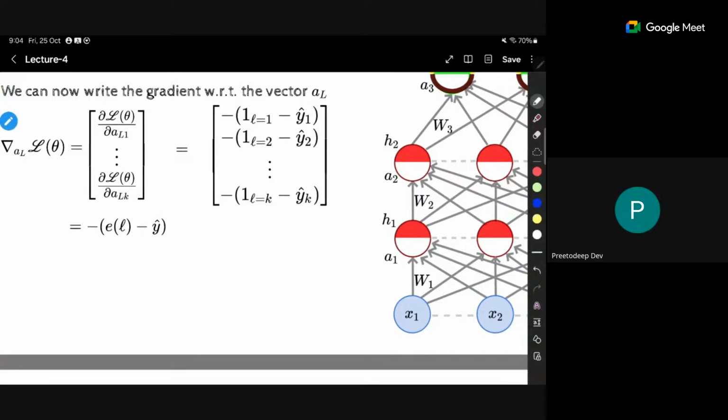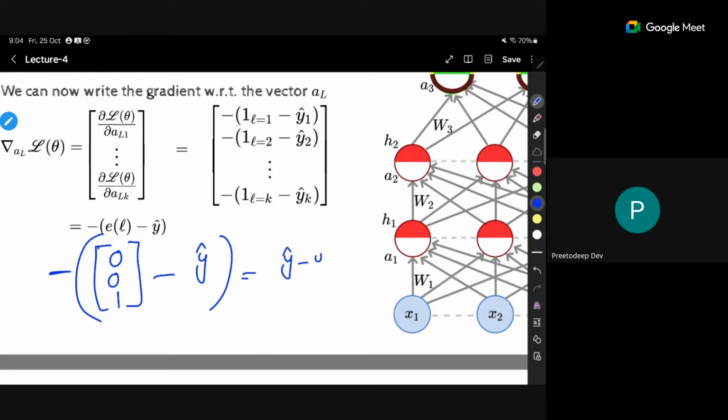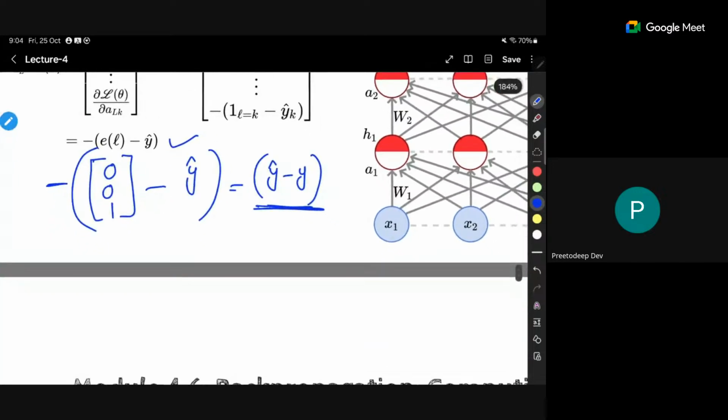You can see e_l is written, it says that wherever my y came out to be true, I have to write that. So in our case e_l is 0, 0, 1. From ŷ I'll subtract that, and then take the negative of that. This you can actually write as ŷ minus y, so it's easy to remember. You can write it like this, it's your choice. That's how I explained it in the lecture, but this is much easier: ŷ minus y.